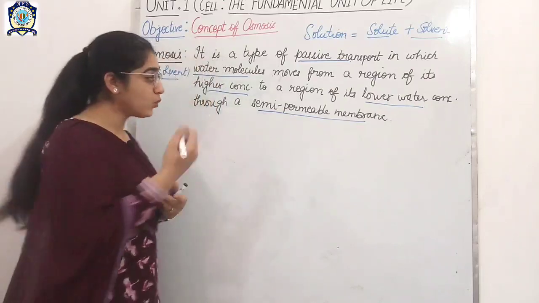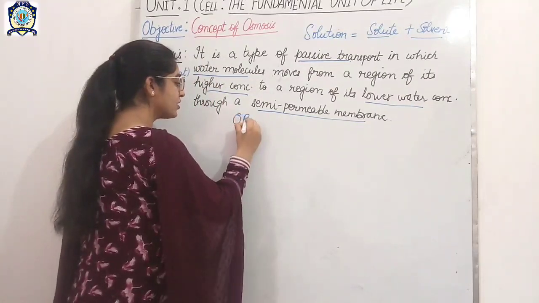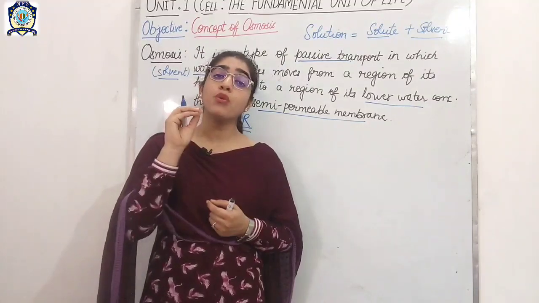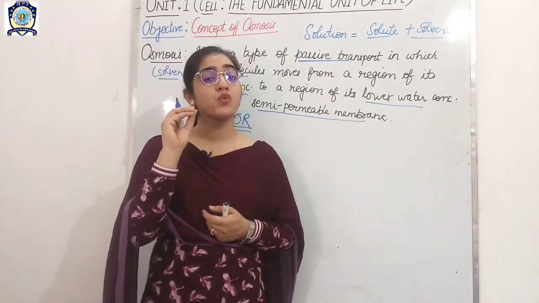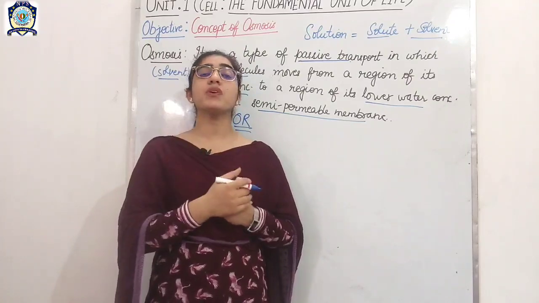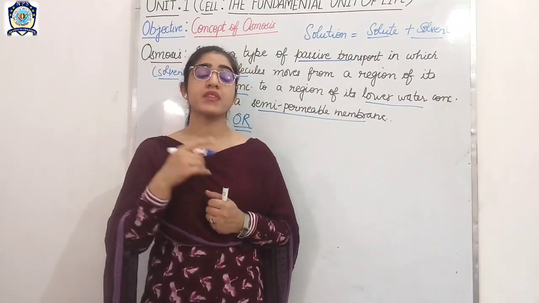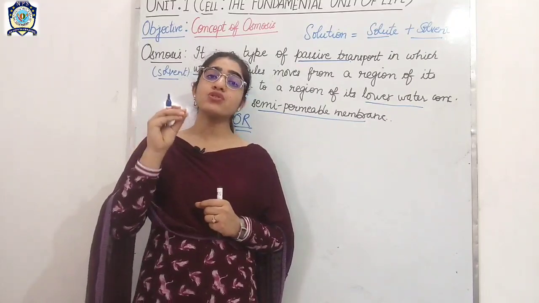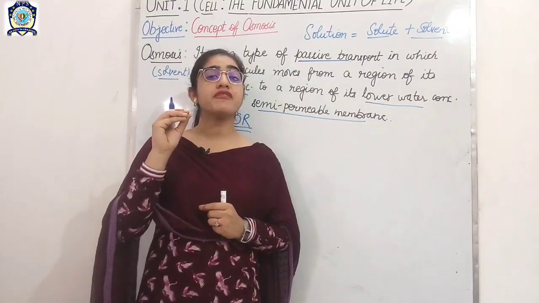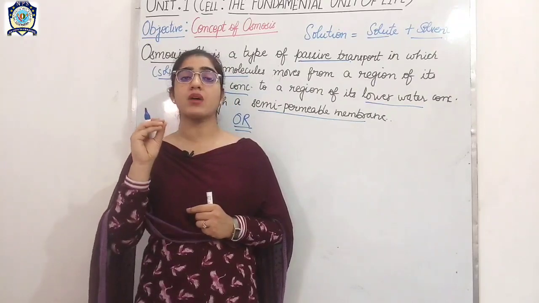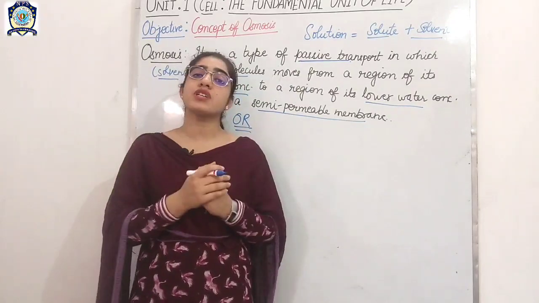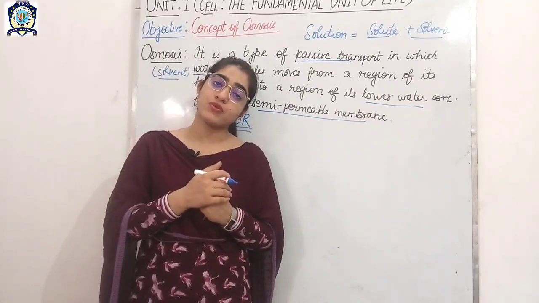Again, what is another definition? Students, the solution which has more water is called the dilute solution. Again, I am repeating, a dilute solution is the solution which has the maximum amount of water, while a concentrated solution has a low amount of water.